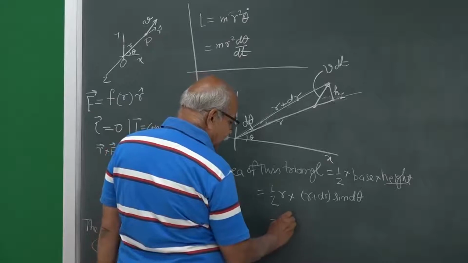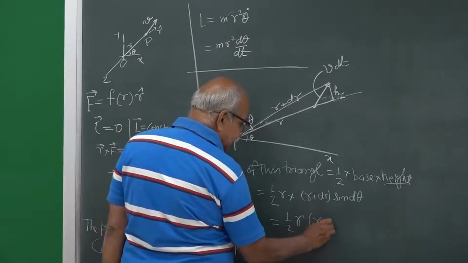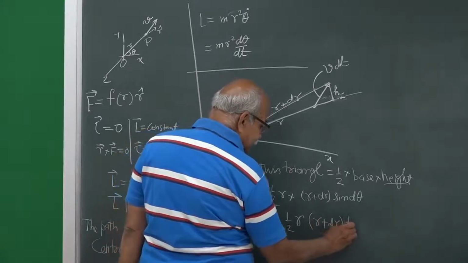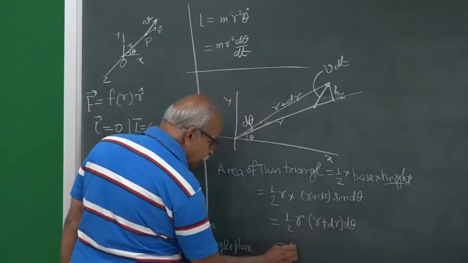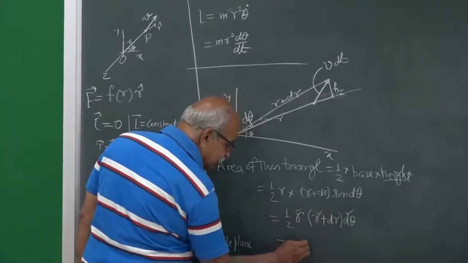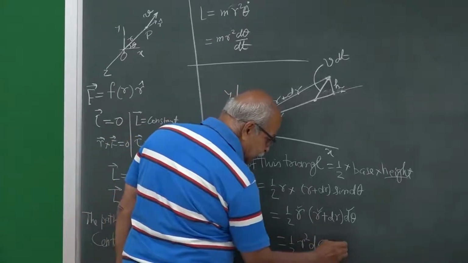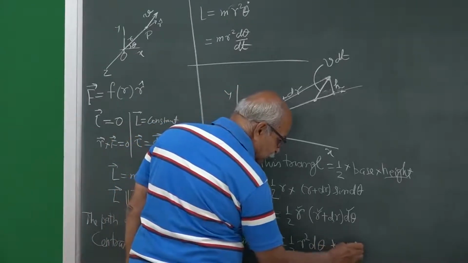So this will be half into r into (r plus dr) into d theta, and that is half r square d theta plus half r dr d theta.